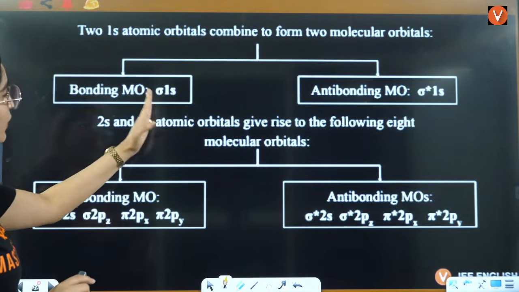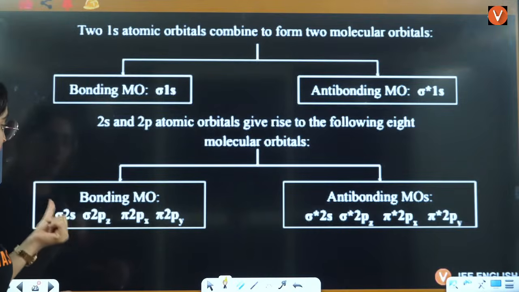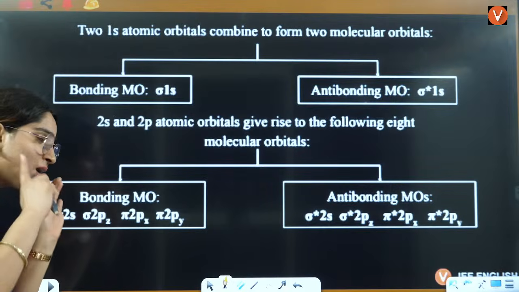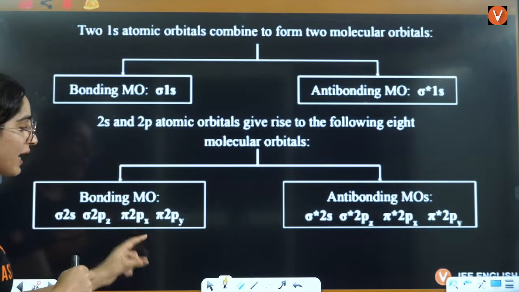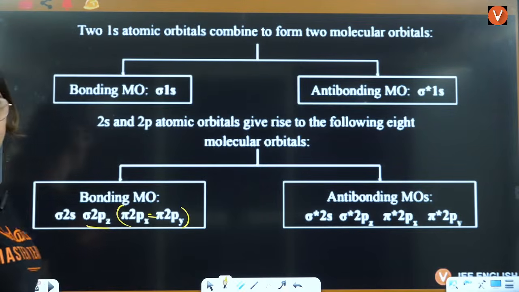So for bonding, you can have sigma 1s, and for the anti-bonding, sigma star 1s. For bonding molecular orbitals, you will have sigma 2s, pi 2px, pi 2py, they are equal, they should always be equal, and sigma 2pz, right?